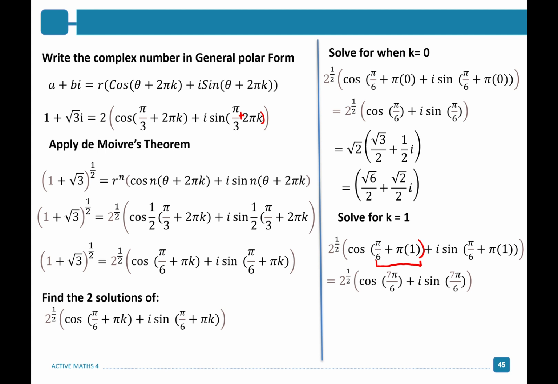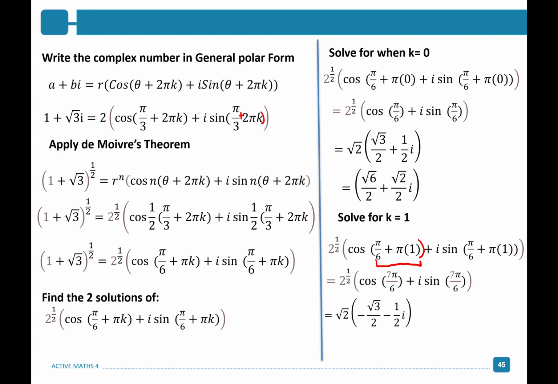Again, if we're asked to write this in rectangular form, we multiply our modulus by our cos and sine angles. This would give us root 2 times cos of 7 pi over 6 gives us minus root 3 over 2, and sine of 7 pi over 6 times i gives us minus 1 half i.